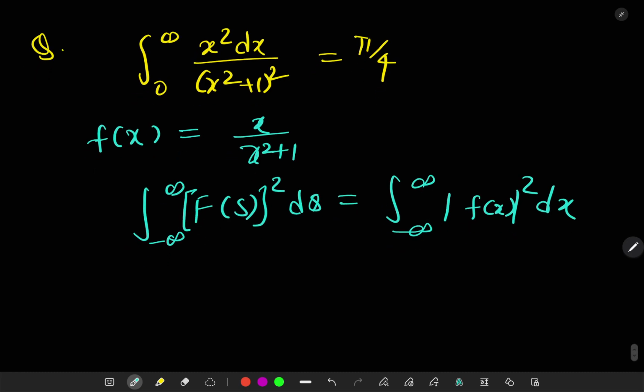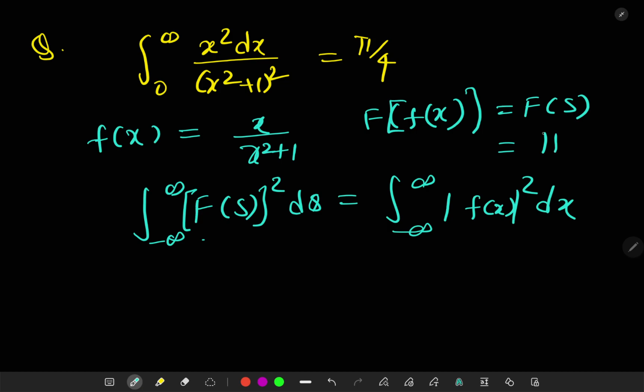Here we also need to find f of s. So Fourier transform of f of x is equal to f of s. After finding the Fourier transformation of x by x square plus 1, we get this value.